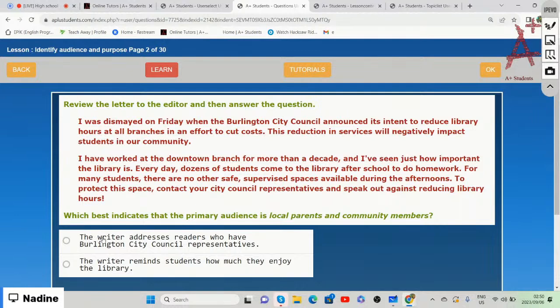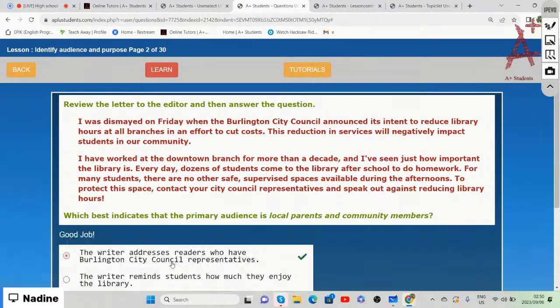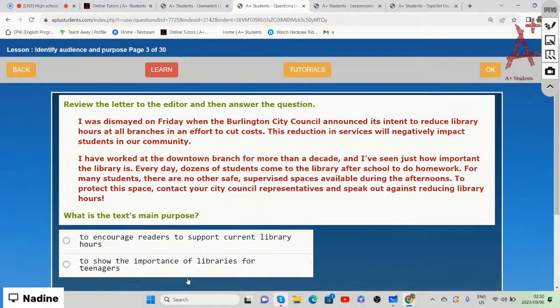Is it the writer addresses readers who have Burlington City Council representatives, or the writer reminds students of how much they enjoy the library? They are not making mention of the audience, which is the students. So, let's say it is that one. So, it is the parents.